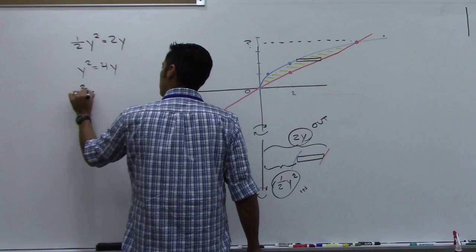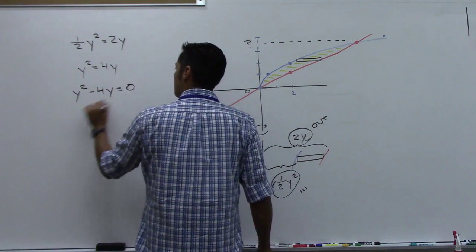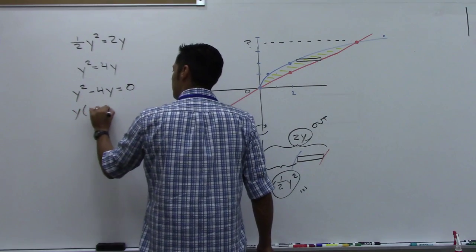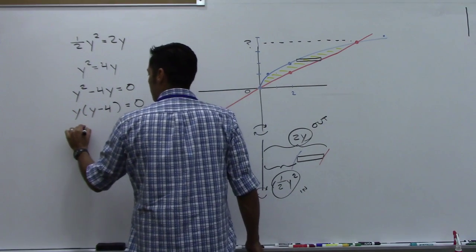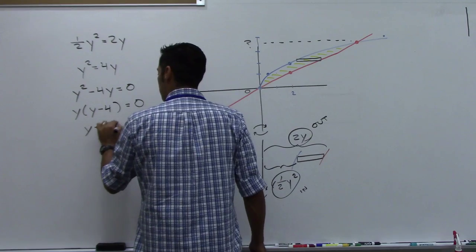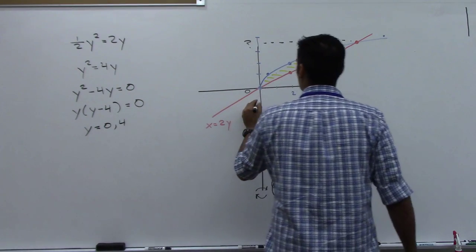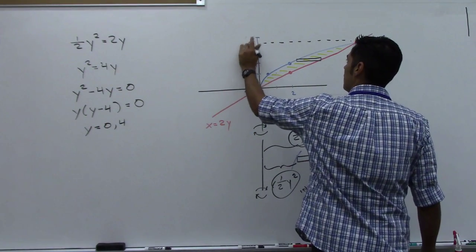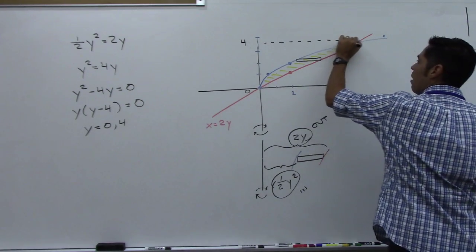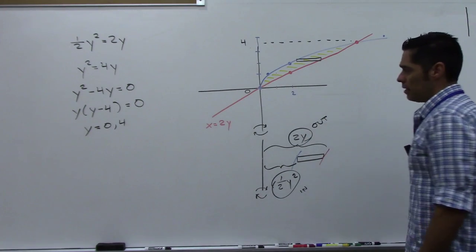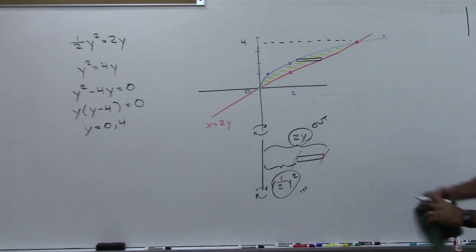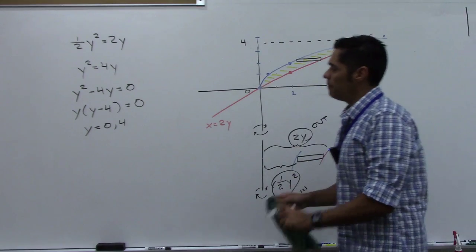Subtract 4y on both sides. I factor a y and set equal to 0. I get two answers, 0 and 4. So up here at 4, this is where they hit each other. That y value is going to be where I stop my integration. Of course, it started at 0 and then went to 4.